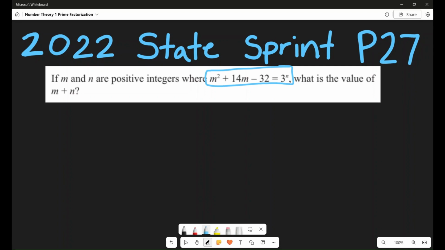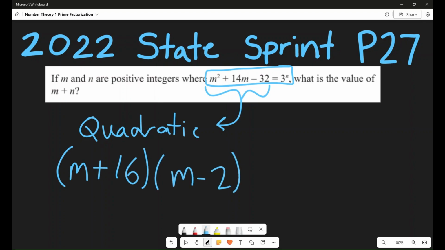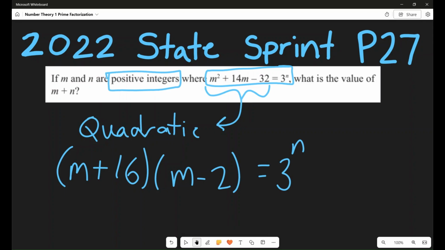So, we notice that on the left, we have a quadratic. And when we have a quadratic, the first thing we want to do is factor it. So after some experimentation, we'll see that we can factor it like this. And this is equal to 3 to the power of n. Now the key here is that m and n are positive integers.